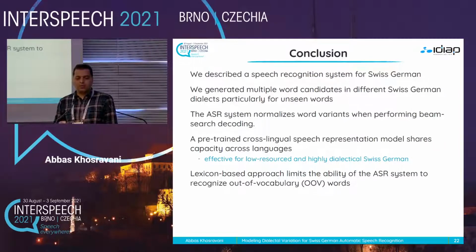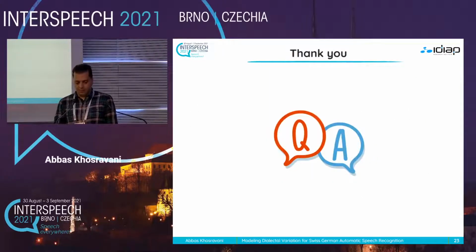The ASR system could normalize word variants when performing beam search decoding, and the pre-trained cross-lingual representation was in fact very effective and provides very good performance compared to our previous systems. The lexicon-based approach has some limits on out-of-vocabulary words, but it could improve our system by doing the normalization. Thank you so much.